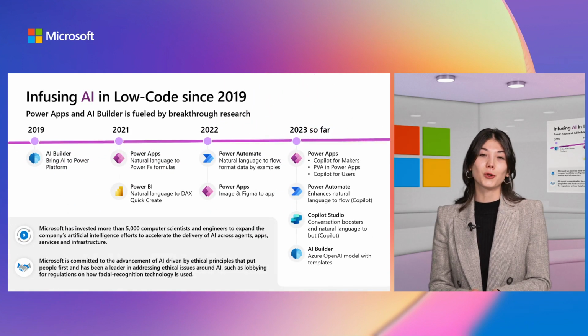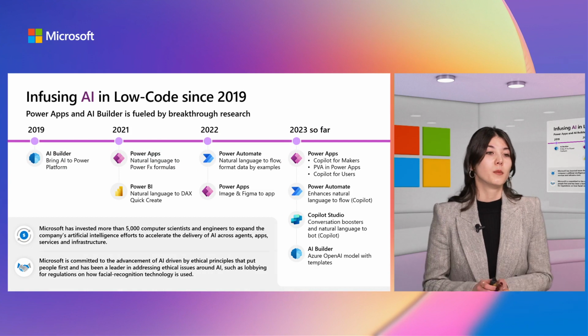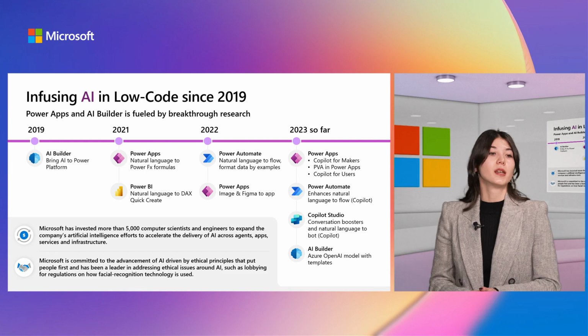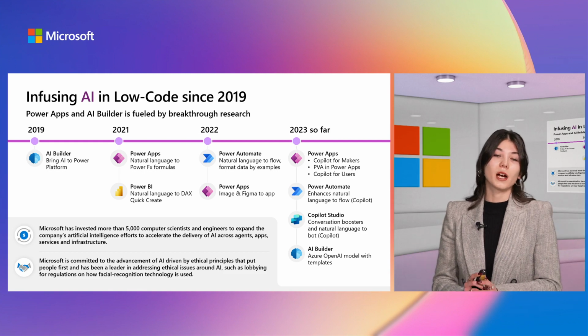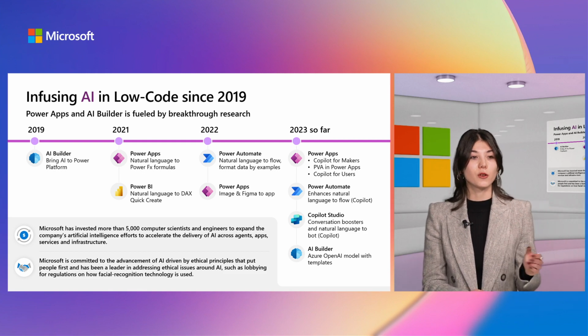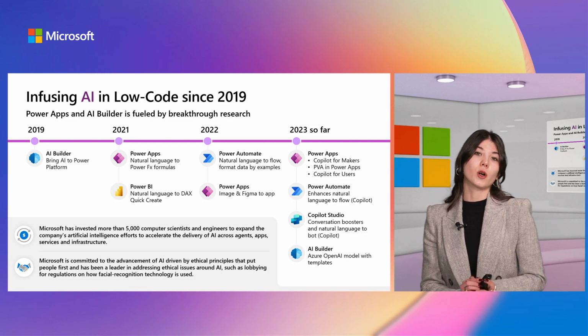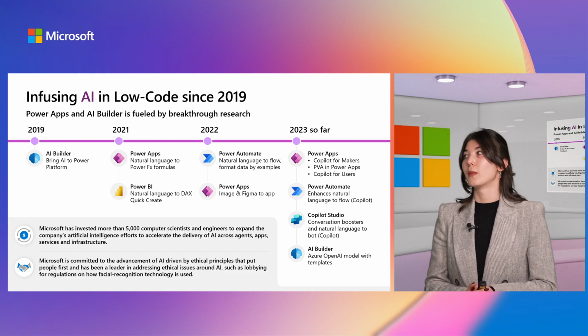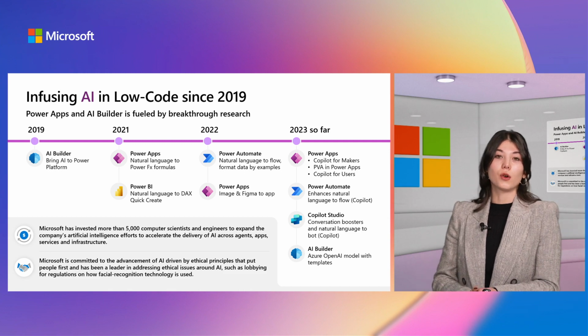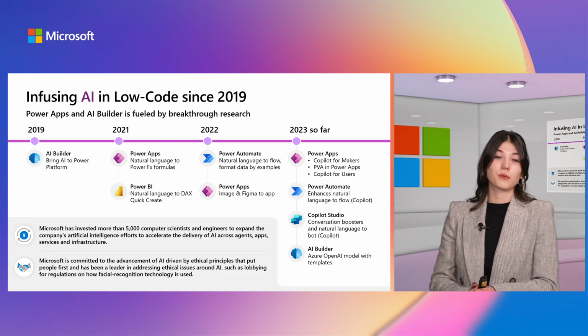All right. Also, to give you a bit more context, because one of the things we'll be discussing a lot today is AI. AI is nothing new. We have been working on embedding AI within the platform since 2019. We started with some AI Builder models, which come from Azure. Those allow you to do certain things like extracting information from documents or detecting objects in images.